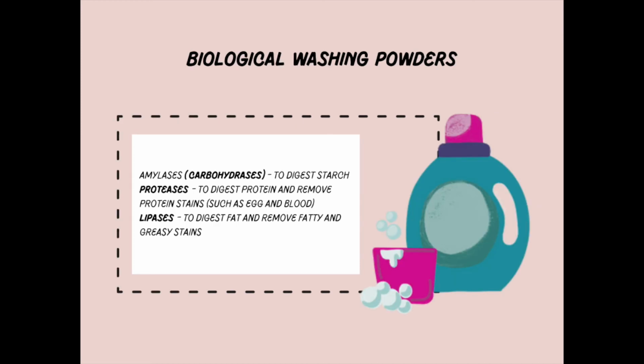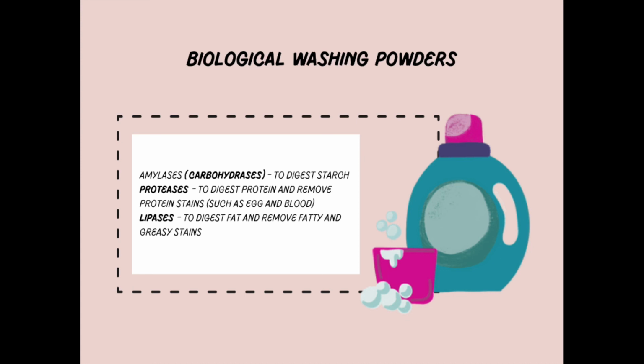Using detergent alone is less effective than biological washing powders that contain enzymes. They contain different ranges and types of enzyme. For example, we have here listed amylases for starch, proteases for protein and protein stains.